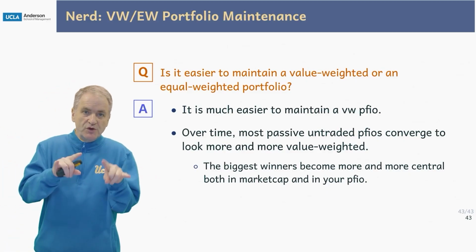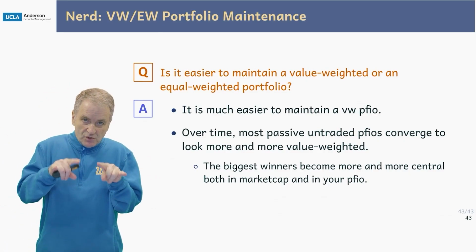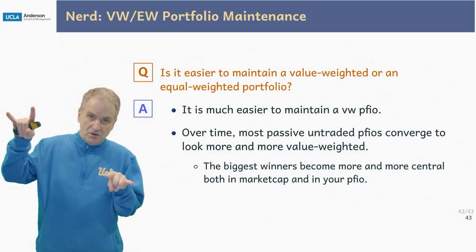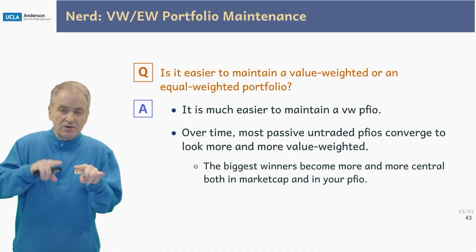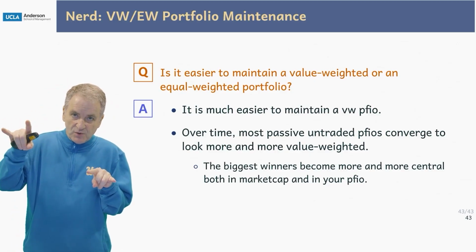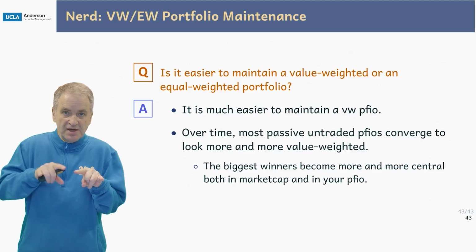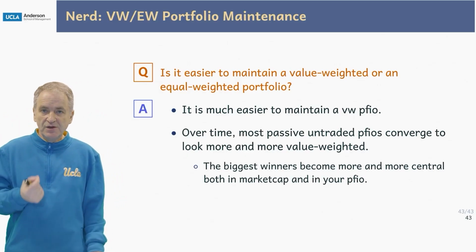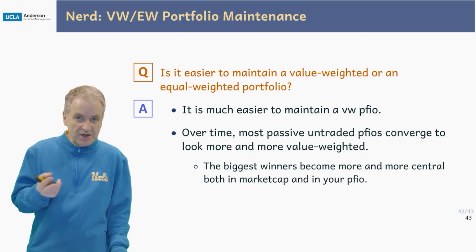In your portfolio, if you don't do anything, your own portfolio share in that particular asset is also going to go up tremendously. So without you trading, whatever is larger in the stock market, value weighted, is also more weighted in your own portfolio. So value weighted portfolios almost come about by themselves.